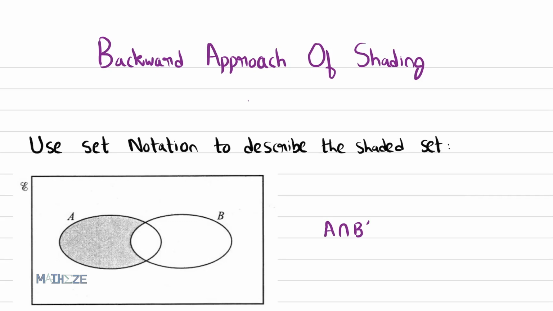Recheck your answer. How do you do that? What's written first, guys? A. And there is an intersection sign. What did I teach you in shading? Write letters in the first thing. That's A. Then intersection B complement. Other than B, guys, write numbers.